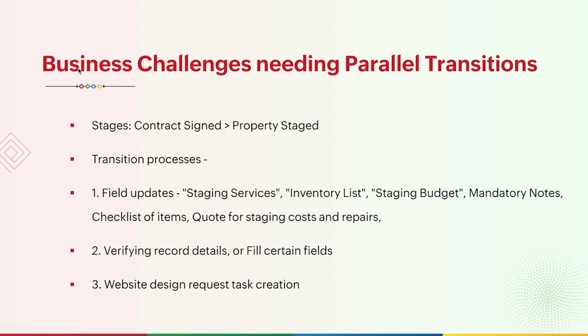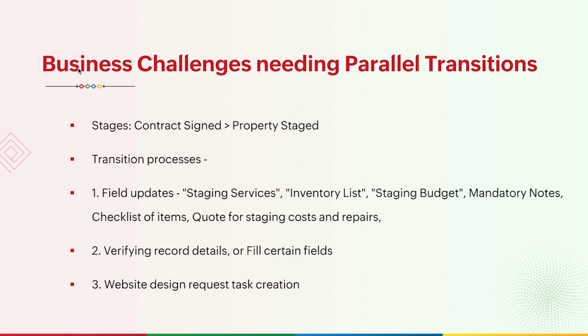Let's take an example to understand these challenges a little further and why parallel transitions are so important. Let's take a scenario. Our states are contract signed and property staged. So between these two states, there are other processes that need to be completed before the next transition can be performed.